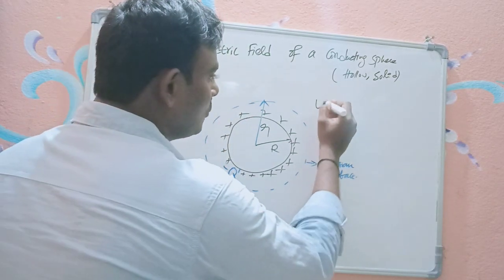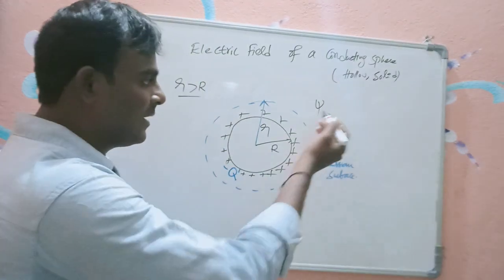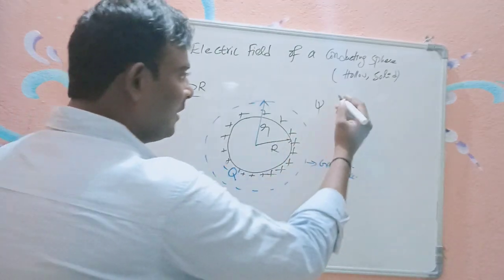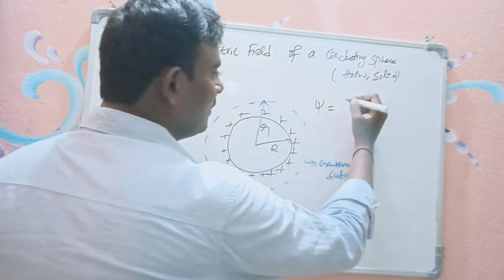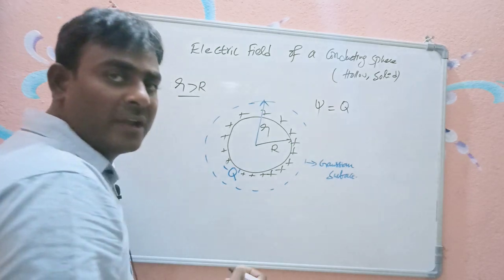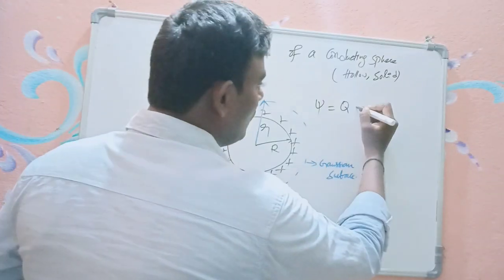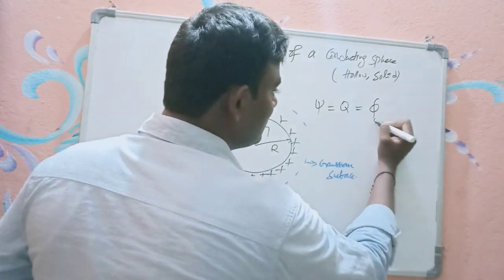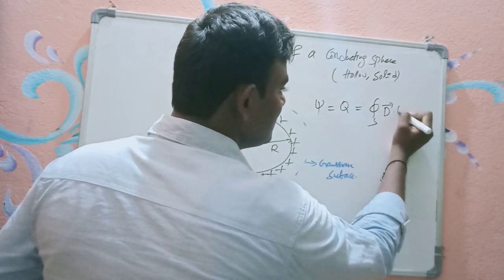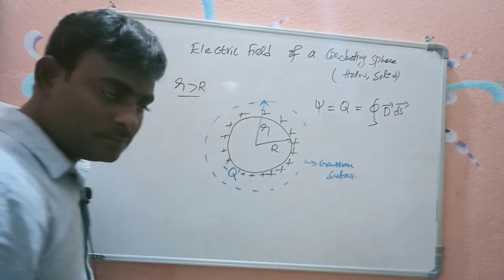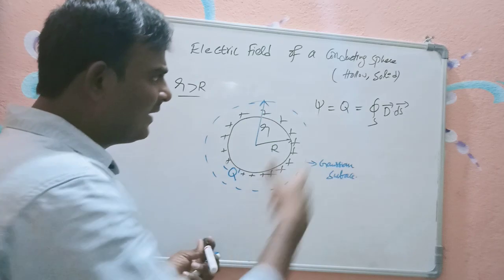The total flux leaving the closed surface, I am assuming as psi. It is the electric flux. Now, it must be equal to Q according to Gauss's law. And what is the total flux leaving the closed surface? It is the integral of D dot dS.